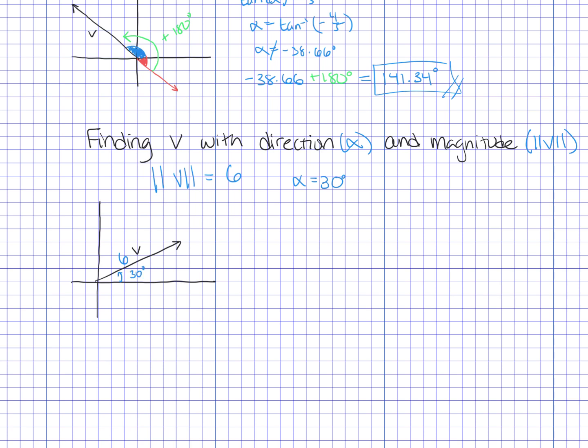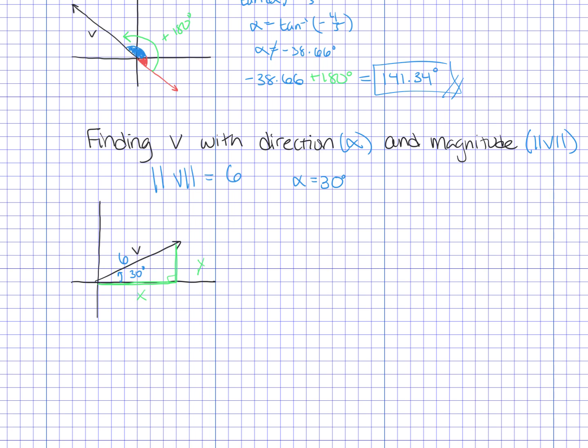Now if we were to look to find this vector, again, I don't know if this is exactly to scale, but please remember that we are looking for this y value here and this x value here. Well, to do that, we're going to need to use our right triangle trig or our SOHCAHTOA.